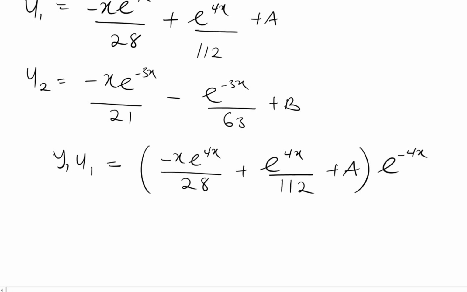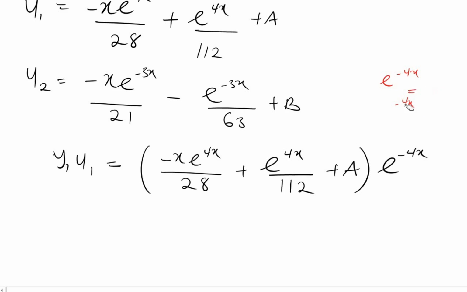Some tips here. You know that exponential of minus 4x is the same thing as 1 over exponential 4x. So exponential 4x multiplied by exponential of negative 4x is the same thing as exponential 4x over exponential of 4x, which will give me 1. So I hope you all get this.